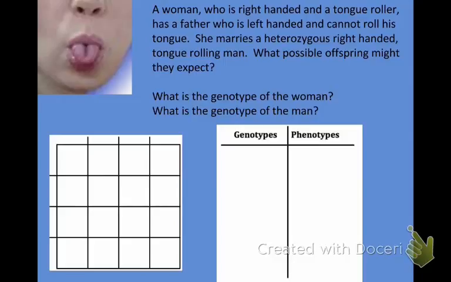So what is the genotype of the man? Once you have those figured out, they're both heterozygous, then you should be able to come up with your allele possibilities and fill in your Punnett square. So pause this video and try it.